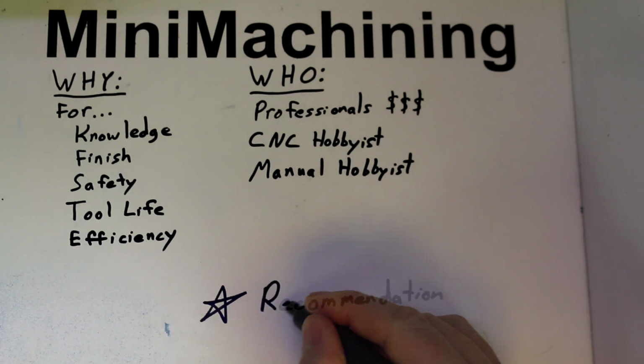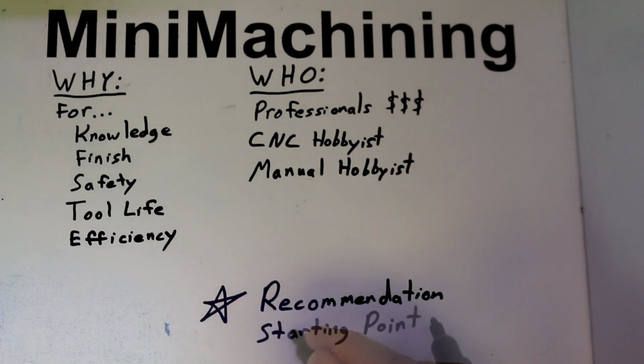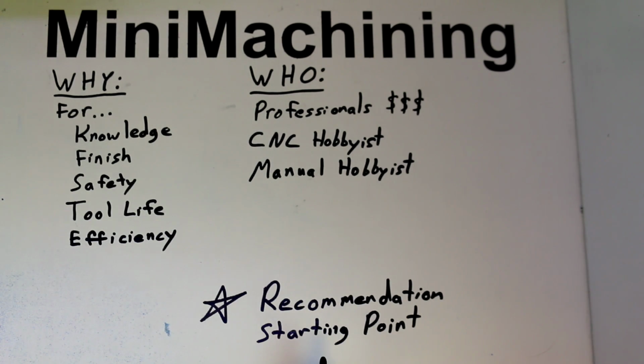One thing I want to point out is that everything regarding feeds and speeds is a recommendation and a starting point. These aren't hard numbers. We're going to start to talk about some of the variables that go into the calculations here in a moment, and you're going to find that there will be wide speed ranges recommended, and that there are a lot of things that can affect what speed range is going to work best for you in your particular operation, on your particular machine, with your particular tooling, etc. So these are really just starting points and recommendations.